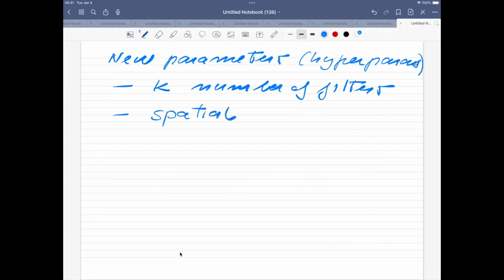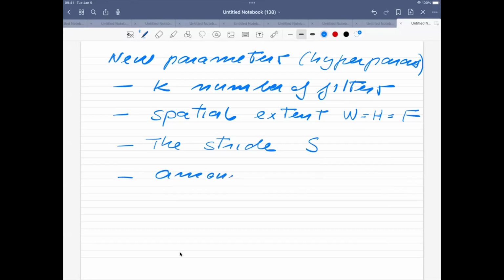We are going to assume that these are given by square matrices, so that means that W is equal to H, and we just call this F. Then we have the stride in the multiplications, or in the way we set up the convolution. And then we need the amount of zero padding, which we call P here.